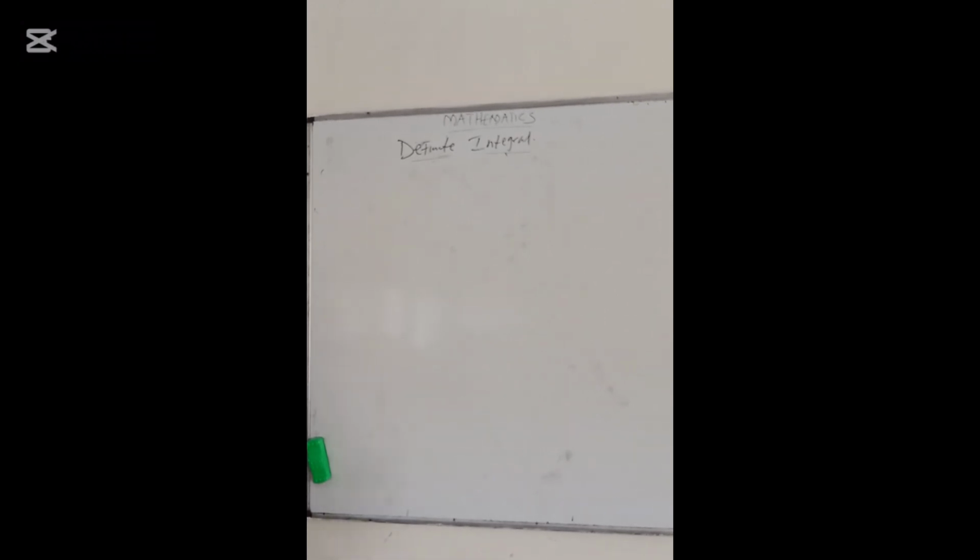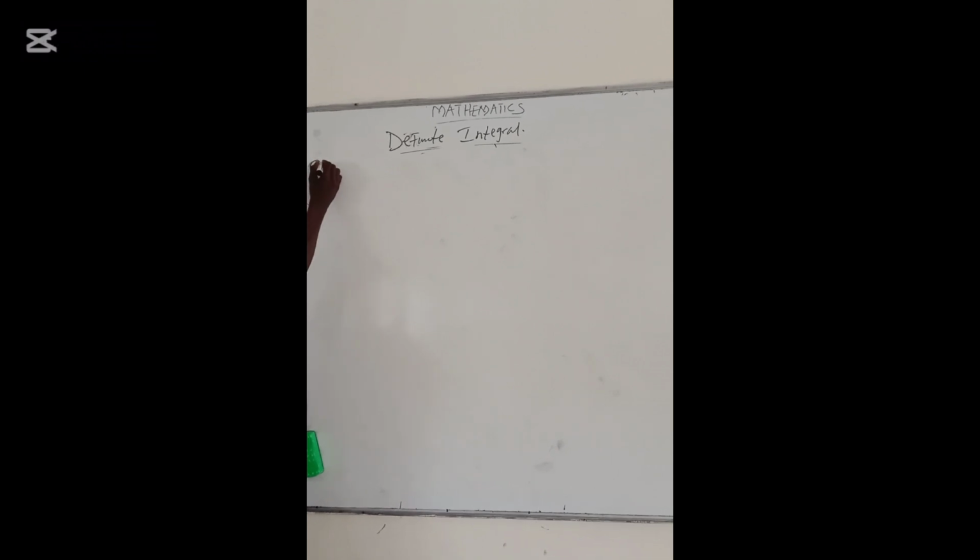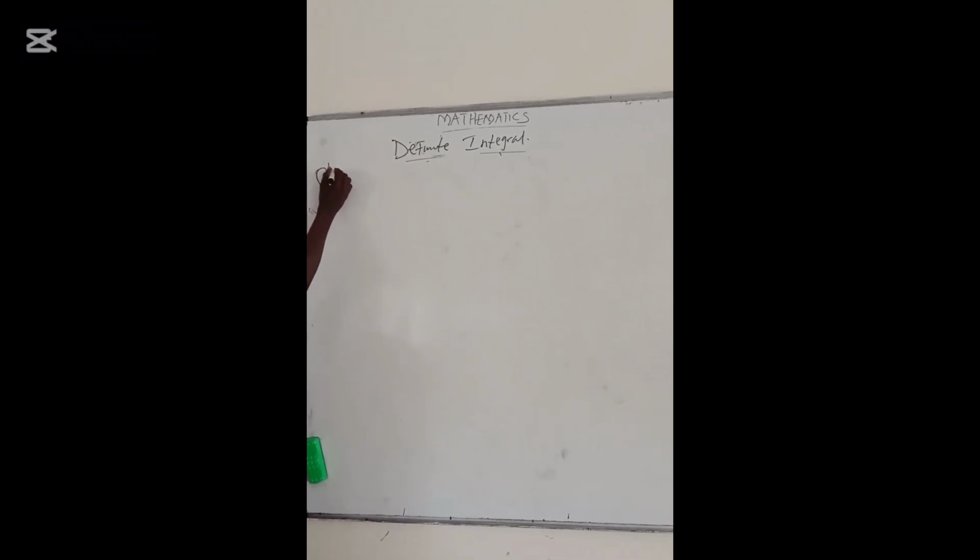Now, what do you understand about the idea of definite integral? Definite integral simply means when you integrate and then do the substitution, where you have an upper and a lower limit. What did I mean by that? In definite integral, you have an upper and lower limit, with a as the lower and b as the upper.